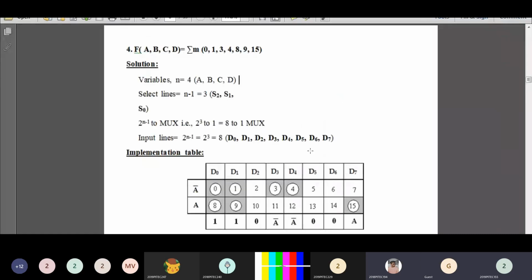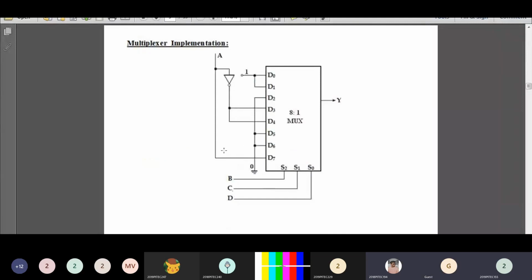Next, see the value of D7. The value of D7 is A. So D7 should be connected to A. These three are the selection inputs B, C, D. Now the Boolean function is implemented using 8 cross 1 multiplexer.